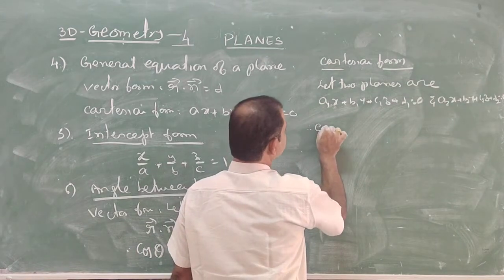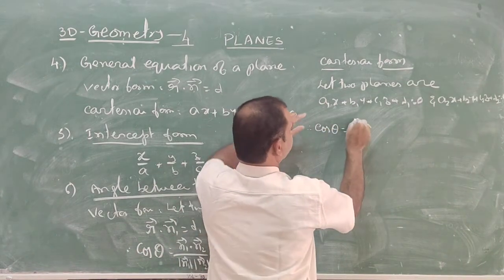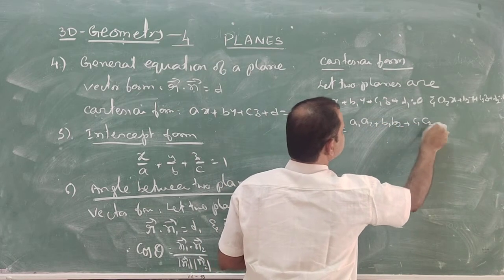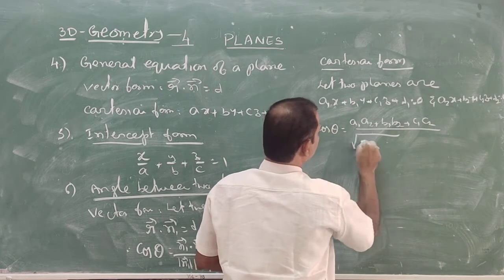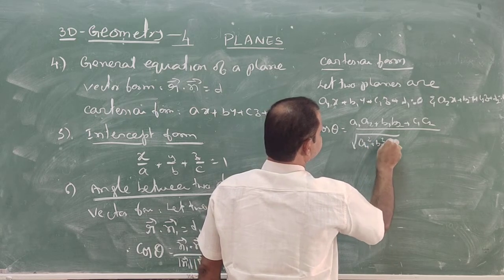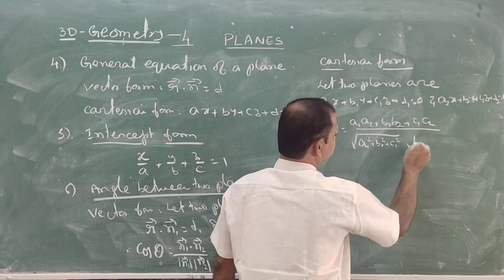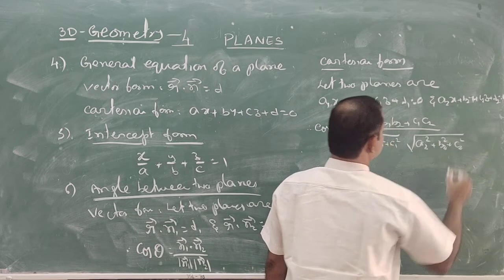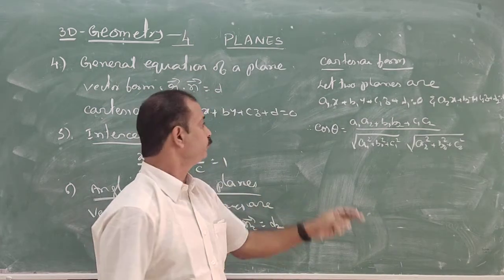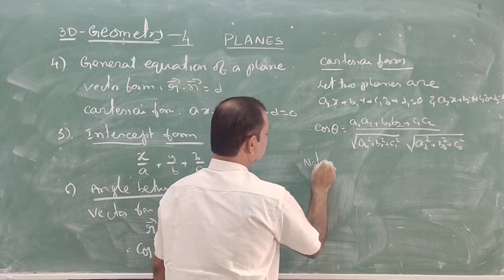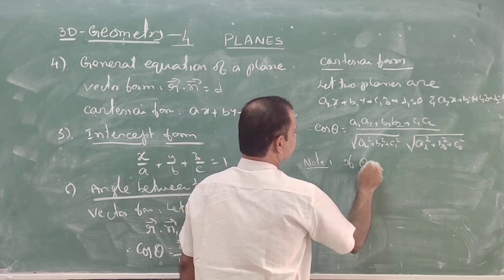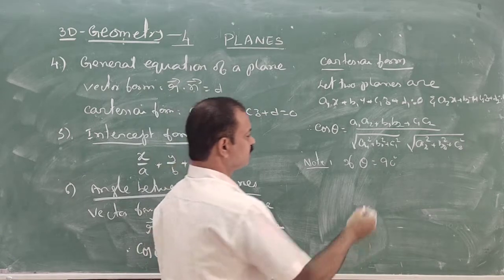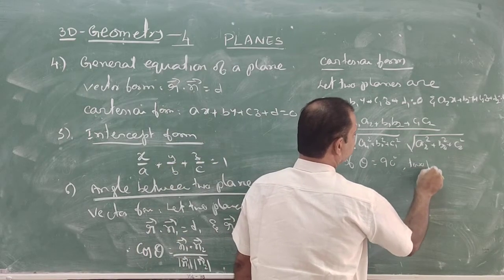Therefore, cos theta is equal to, in Cartesian form, a1 a2 plus b1 b2 plus c1 c2 by under root a1 square plus b1 square plus c1 square into a2 square plus b2 square plus c2 square. Note 1: if theta is equal to 90 degrees, that means the two planes are perpendicular.